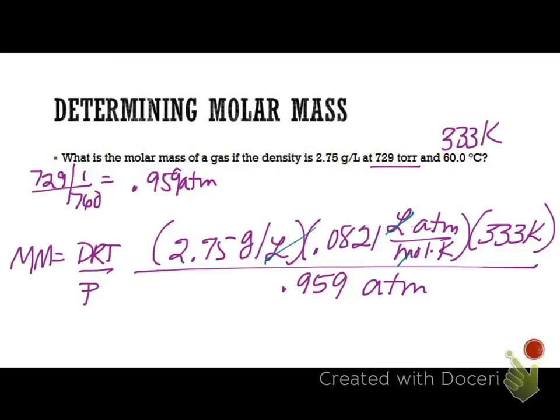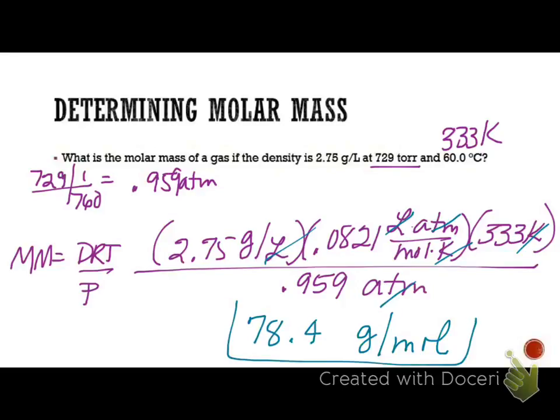Liters cancels, atmosphere does cancel, and Kelvin cancels. What I'm left with is grams per mole in my units, which is good, because that's what I need for molar mass. When I throw all that in my handy-dandy calculator, I get 78.4 grams per mole.